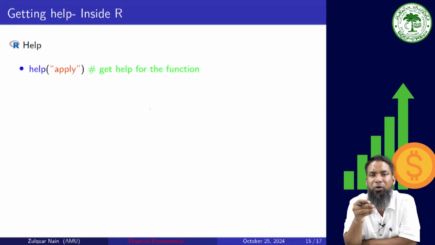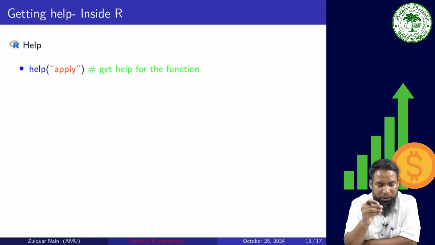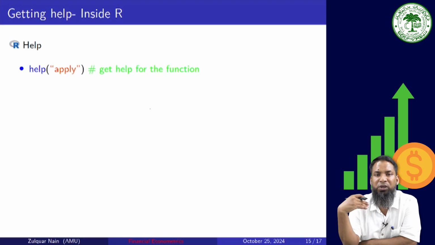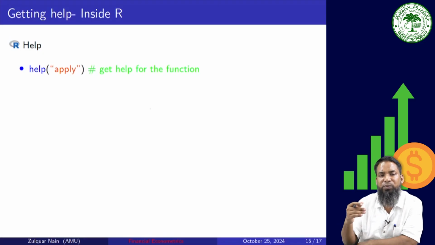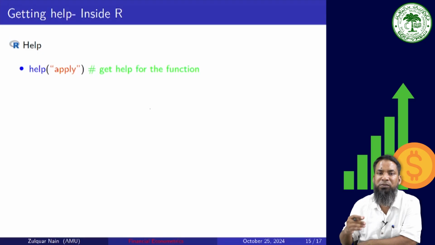For example, apply is a particular function. However, we don't know what it does, how it can be used, or what arguments are needed. If you want to learn, you can type in the console help apply. Then in the help viewer, you will get the details of this particular function.